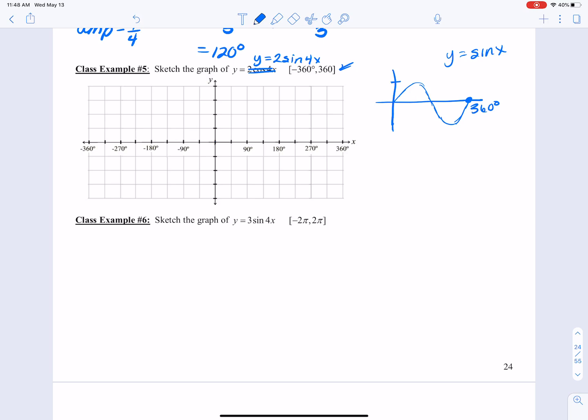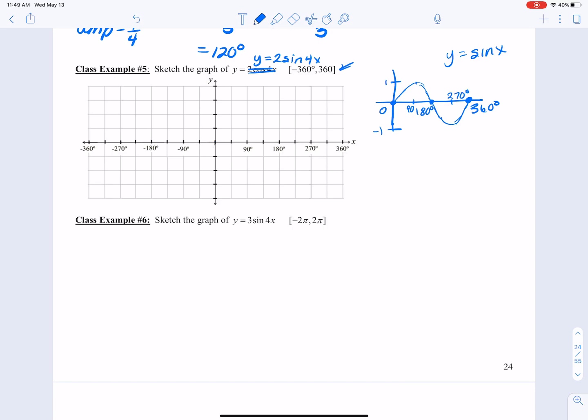It has an amplitude of 1, so that puts its max and min at 1 and -1. We did this in radians a little earlier in this lesson, so we know it crosses here at 180, and it hits its max at 90, and its min at 270.